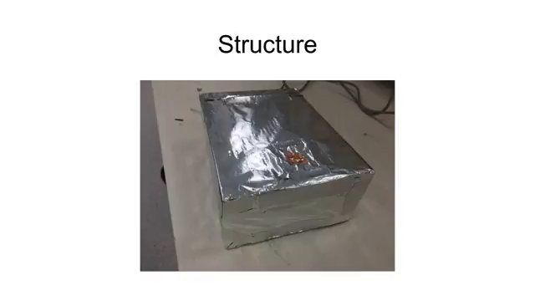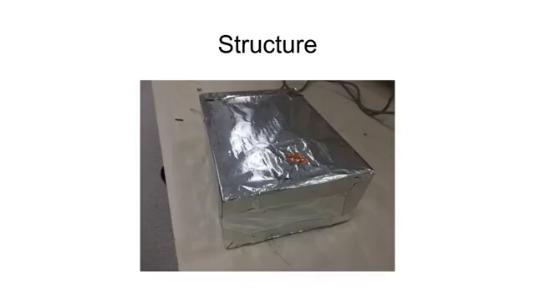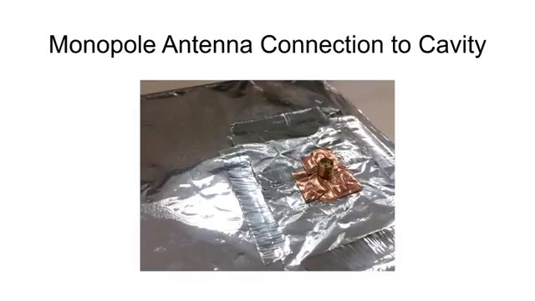To excite my cavity, I have used a monopole antenna, which is located in here. And as you can see, I have also connected some aluminum and copper tapes of the antenna to my cavity, and the location of my antenna is selected according to the impedance that I see on the cavity.